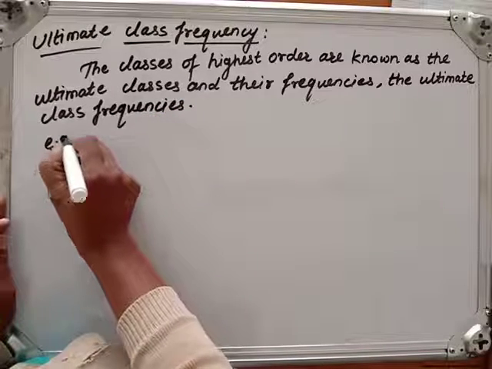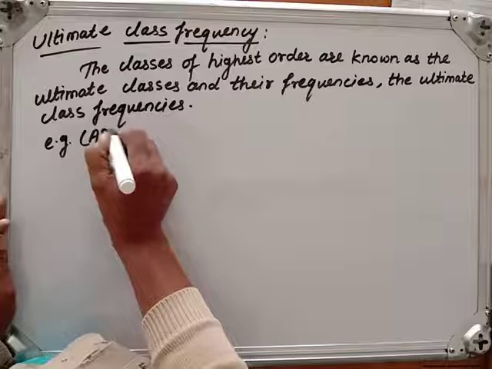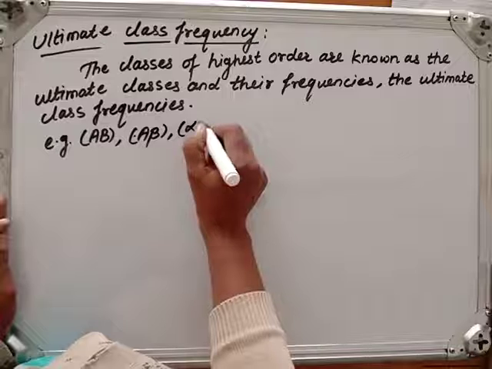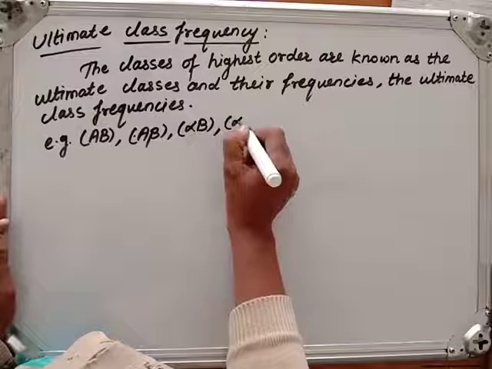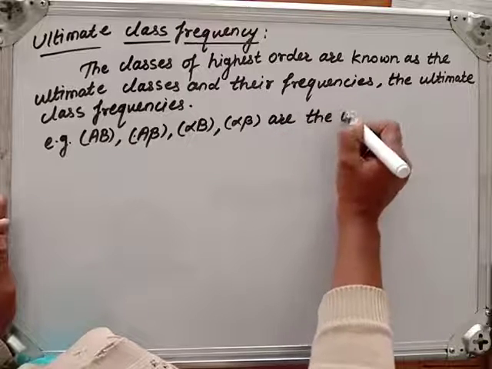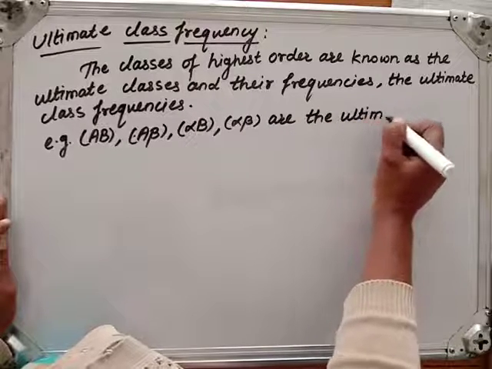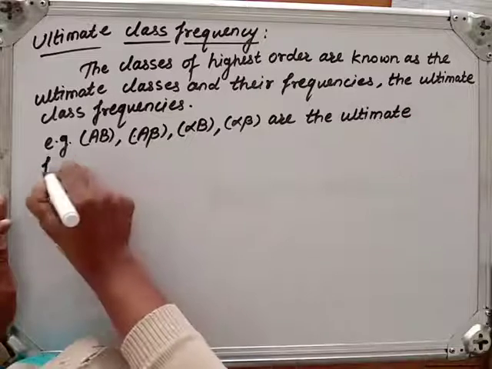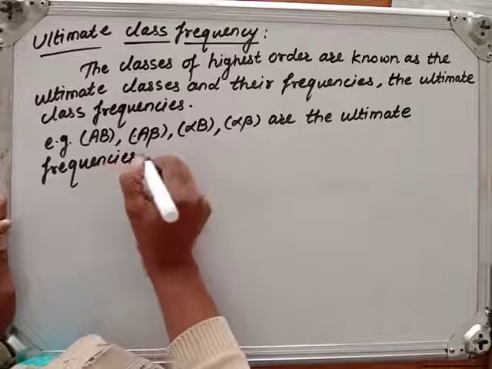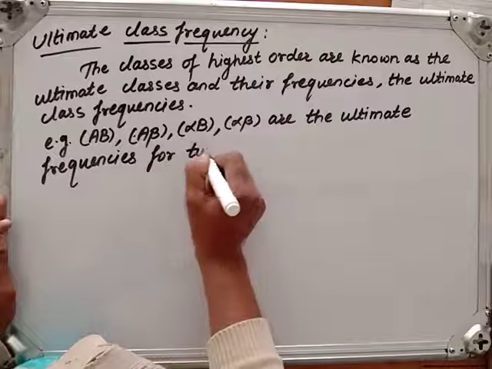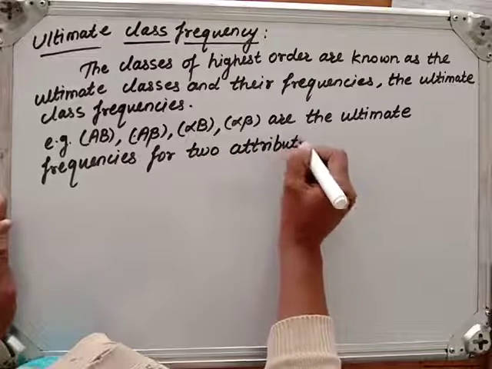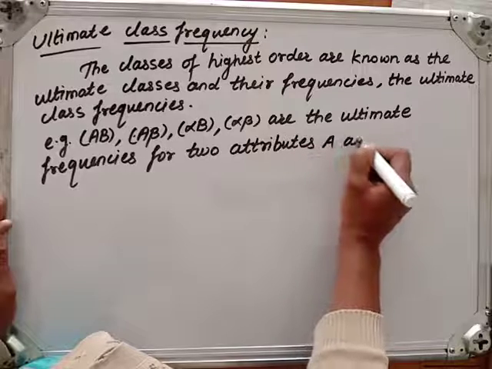For example, AB, A beta, alpha B, alpha beta are the ultimate frequencies for two attributes A and B.